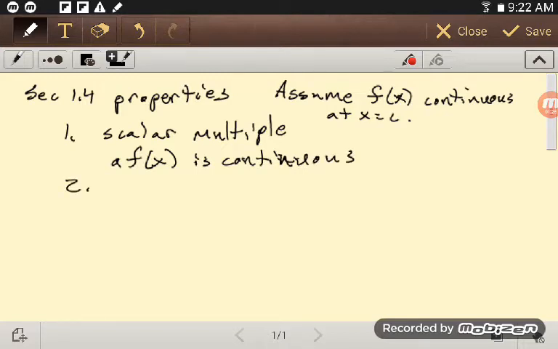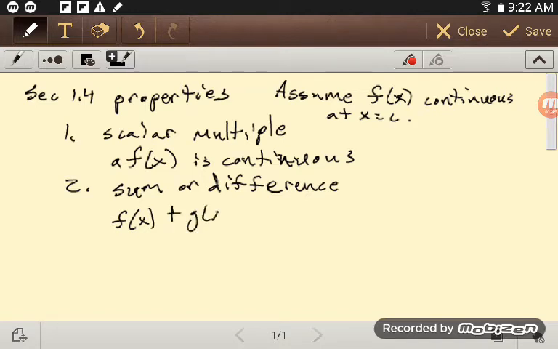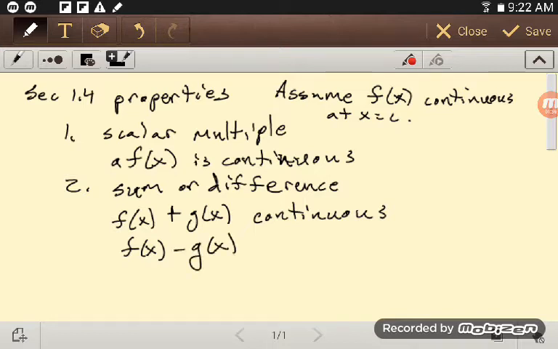Two, the sum or difference. So I guess in this case I needed a g of x up there as well, but here we go, f of x plus g of x continuous. f of x minus g of x is continuous.